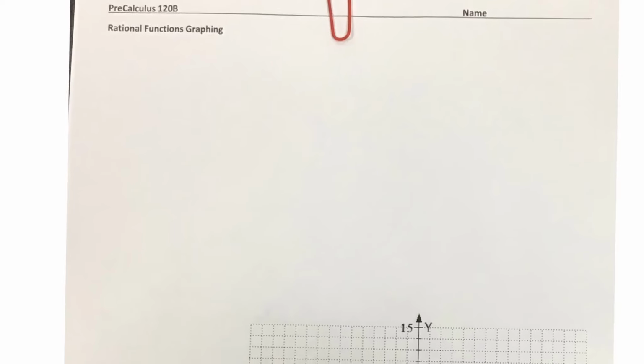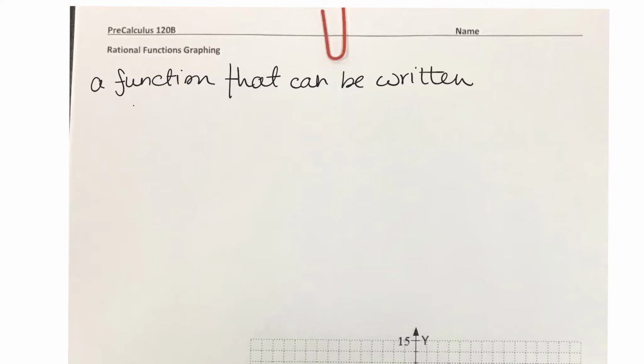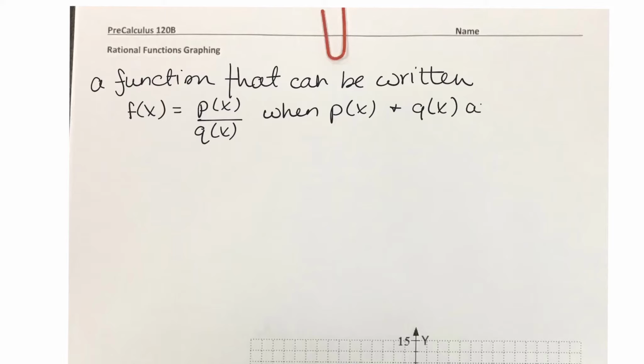Rational functions. So, let's get a definition of this thing. A rational function is a function that can be written as, wait for it, f of x equals p of x divided by q of x, when p of x and q of x are polynomials, and guess what about q?